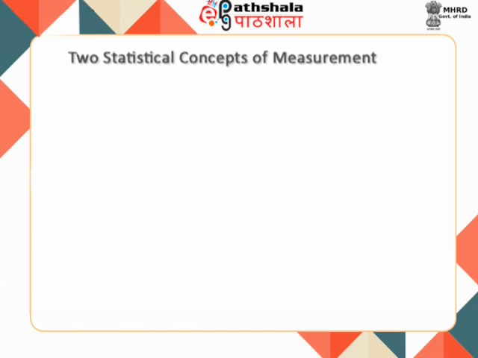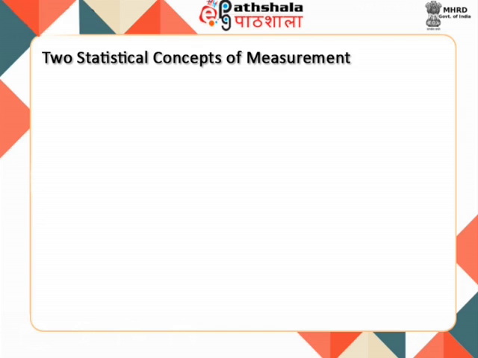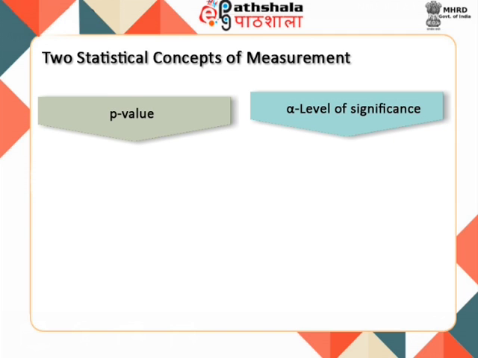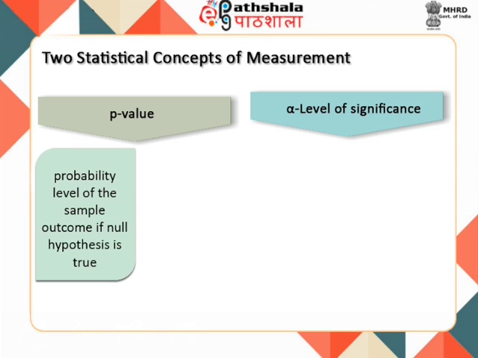The other two statistical concepts of measurement are p-value and alpha level of significance. P-value is the probability level of the sample outcome if the null hypothesis is true.